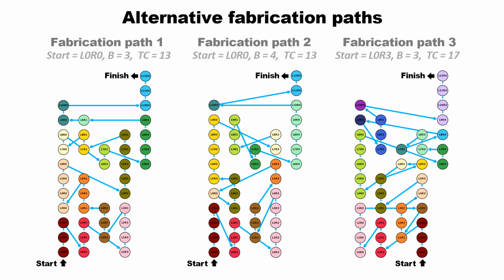The 2 parameters we can vary are the batch size, the number of layers we can cover in one batch, and the starting color region. Once a batch is completed, 3 layers of region 0 in the first image on the left, for example, we can randomly switch to another material and jump to any other available region below. After finishing with region 0, we can move on to region 1 or region 3, but not to region 2, since it doesn't yet exist, or it can't be printed until its dependent nodes are complete.